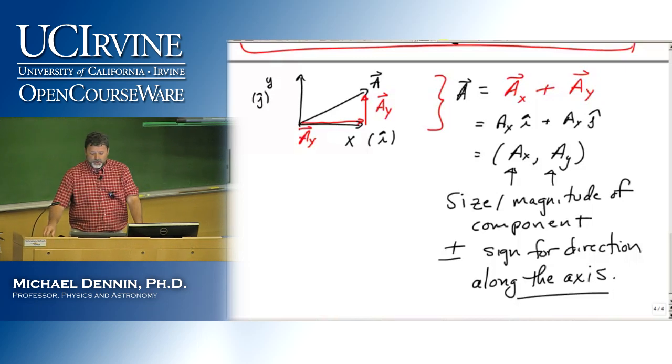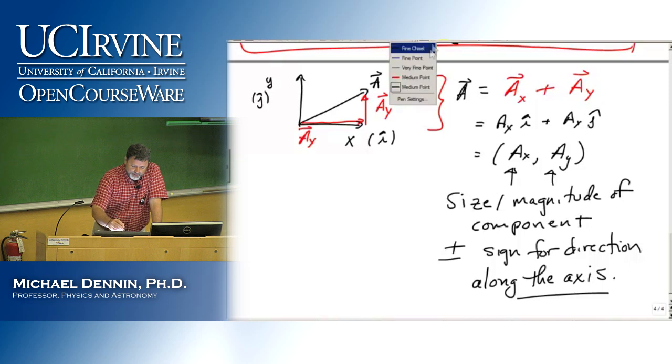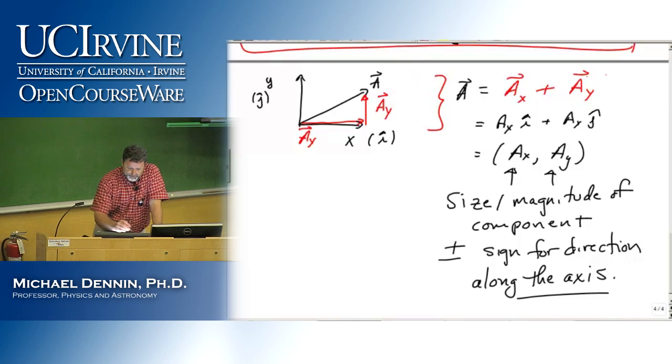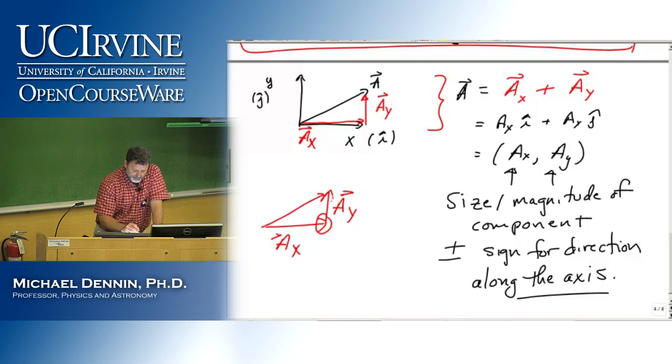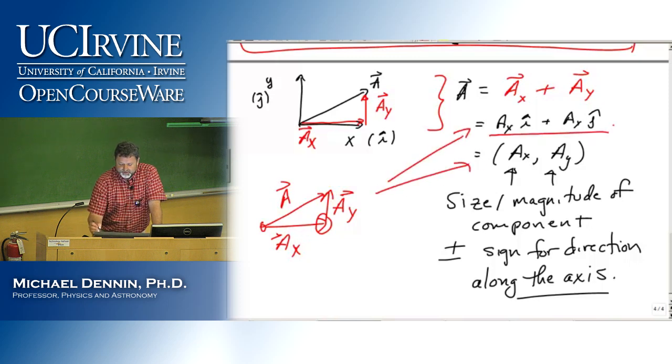So let's be clear on all the different pieces, right? Notice from the way I drew the picture, this is just our standard vector. Oh, that's an x. It doesn't look like it. Vector addition. We went head to tail, and then tail to head, and we got the vector A. And we write it in this notation where the I hat and the j hat are vectors in the direction of the coordinates.